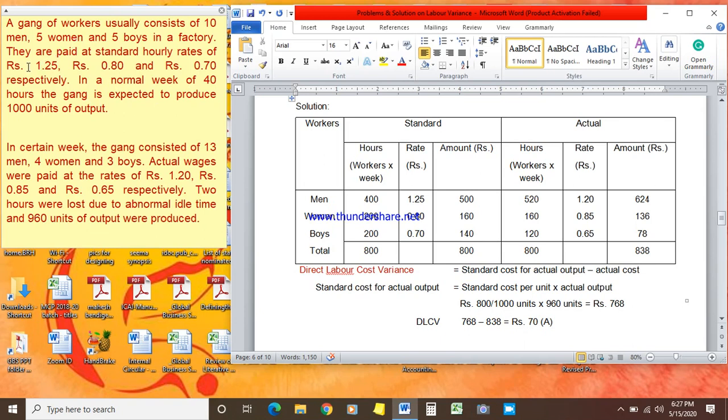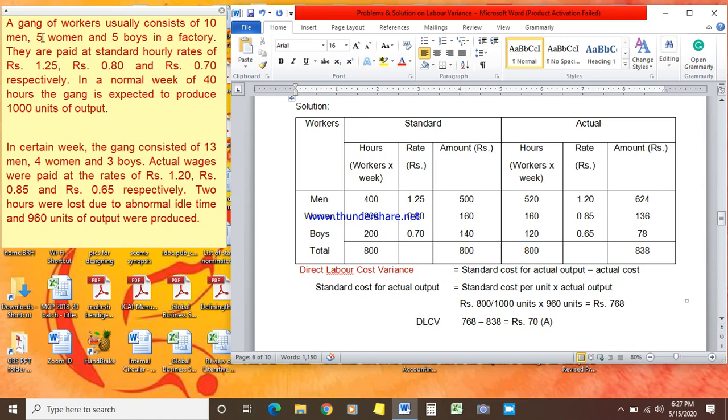These people are paid hourly rates. So if 10 men are supposed to work in a factory for 40 hours, the total number of hours worked in a week is 400.